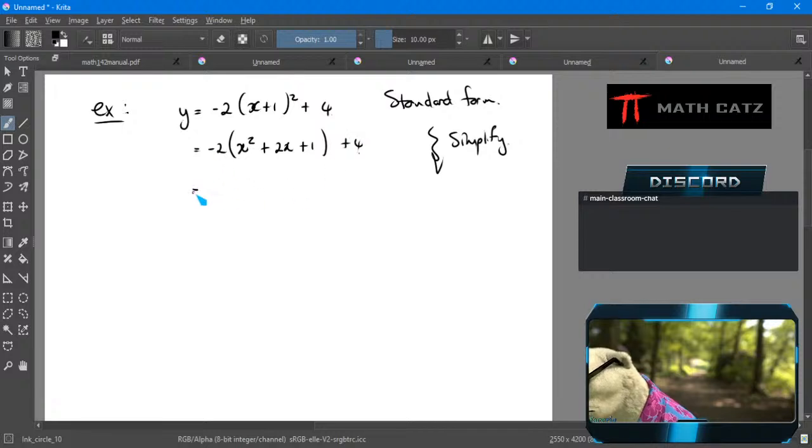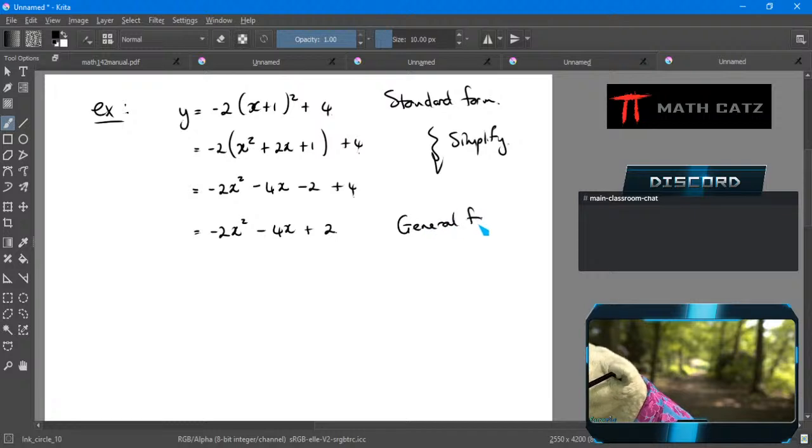Then I'll multiply the negative 2 in to get negative 2x squared minus 4x minus 2 plus 4. And then I'll merge the constant terms into a single constant term like so. And then we get what we call the general form.